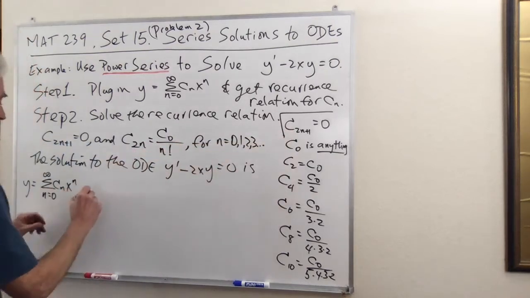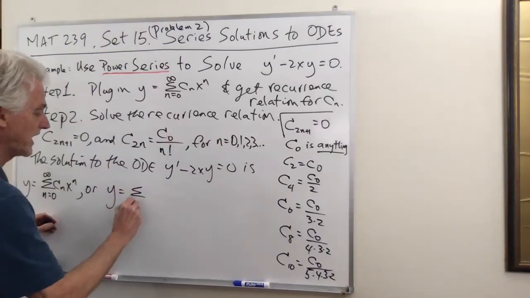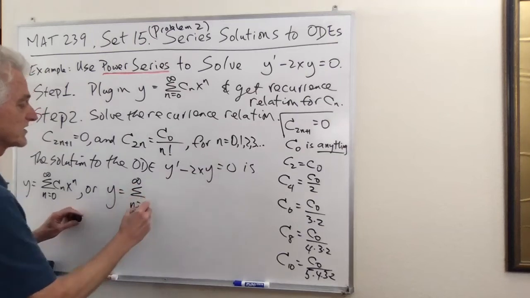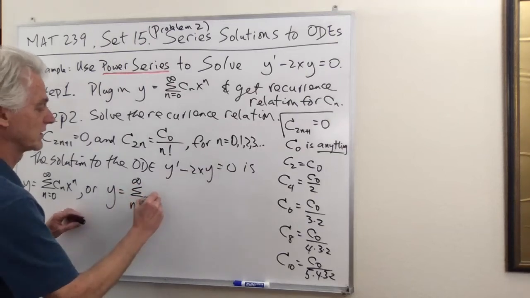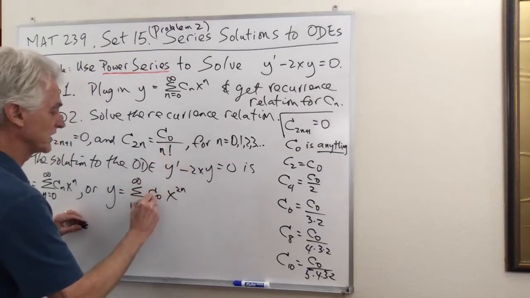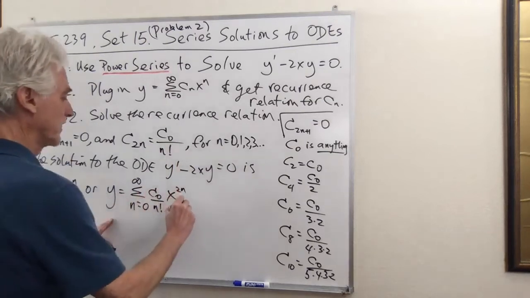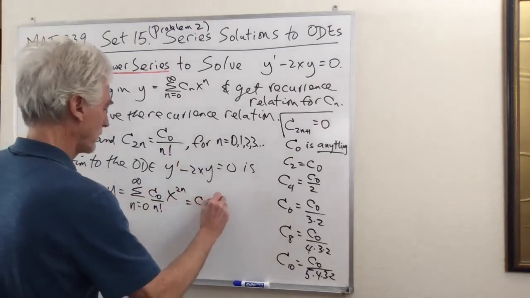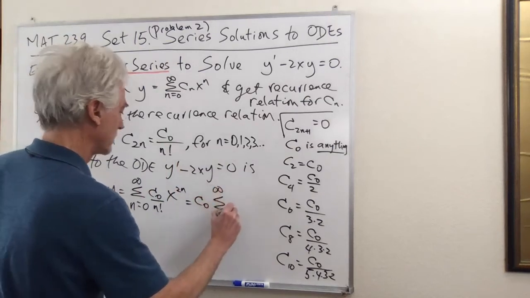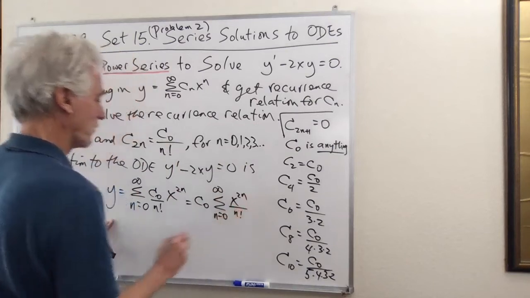So instead of writing it like that, I'm going to write y as the sum from n equals 0 to infinity of x to the 2n times c0 over n factorial. So this is actually c0 times the sum from n equals 0 to infinity of x to the 2n over n factorial.